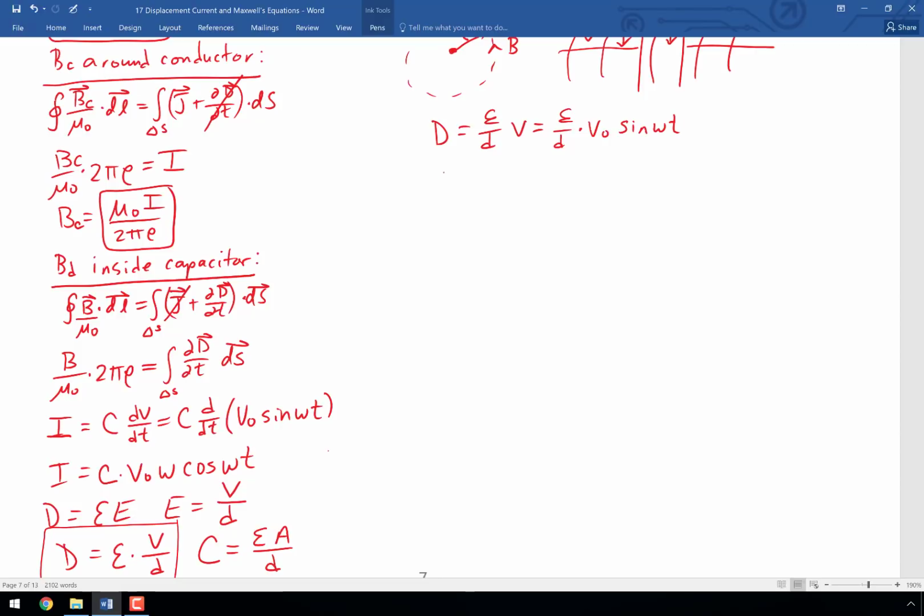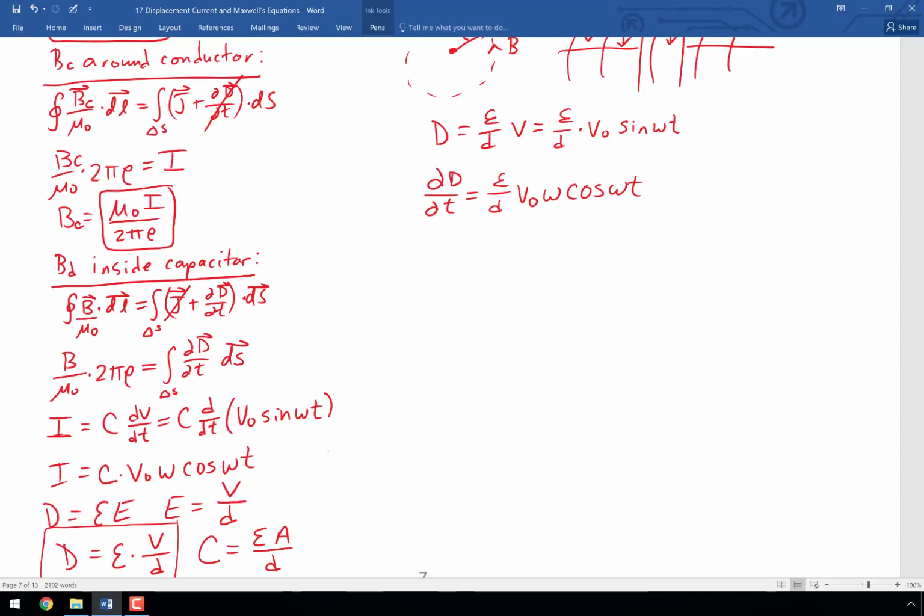And then I'm going to have that the partial of D with respect to t is epsilon over d V0, and then the sine becomes a cosine, and again, chain rule picks up an extra omega, so this becomes omega cosine omega t.